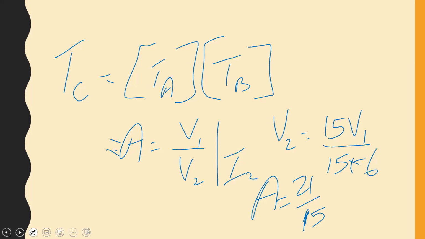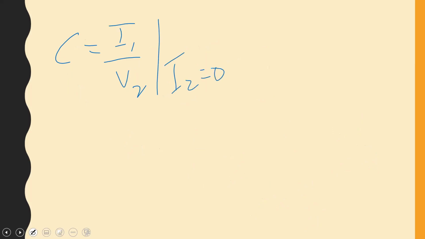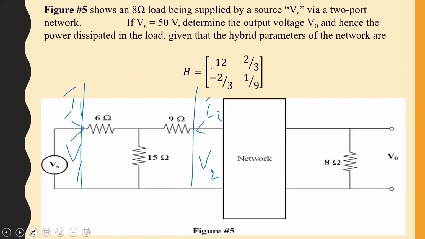Of course, you can find C, because I2 is also 0 for C. So C is equal to I1 over V2, with I2 being equal to 0. Again, you go back to your circuit. I1 would be passing through the 15 ohm. Yes?